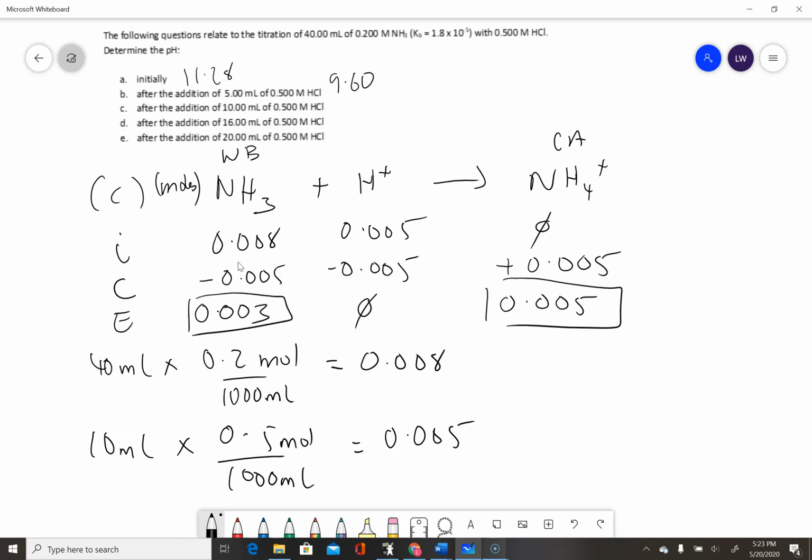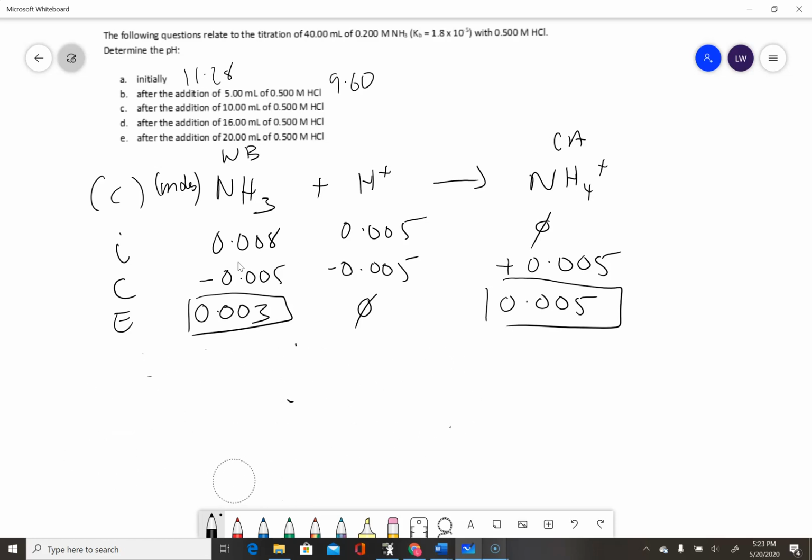So after the addition of 10 mils of my strong acid, what do I have? I have a solution that is a mixture of a weak base in the presence of its conjugate acid. So I can solve for the pH using the Henderson-Hasselbalch equation.